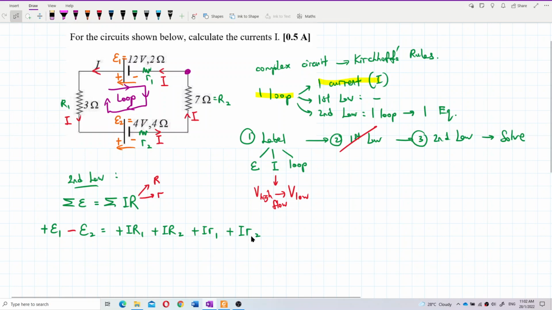Then this one becomes negative, and this one becomes negative. Understand? So is this equation wrong? No, this equation is still correct.